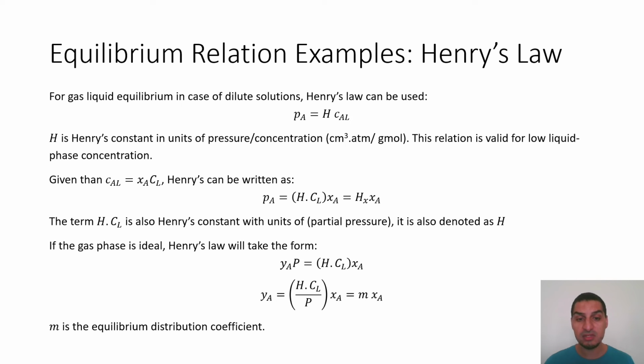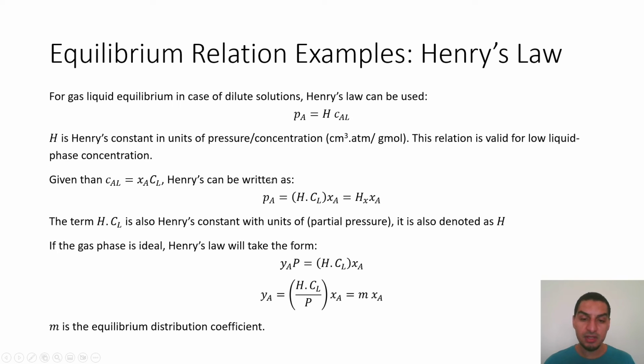It has different units, different values, so it's not logical to have them both with the same symbol. So I put H sub x here to distinguish between this and this, and this is what I'm going to be doing till the end of the course. So if I have H sub x, then it's going to be multiplied by the mole fraction.